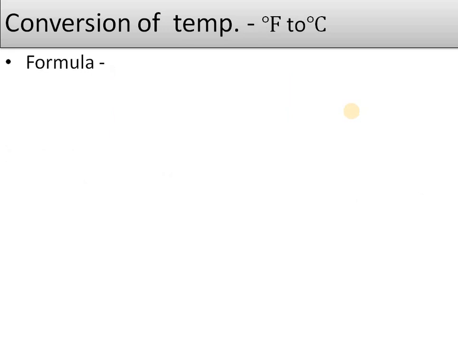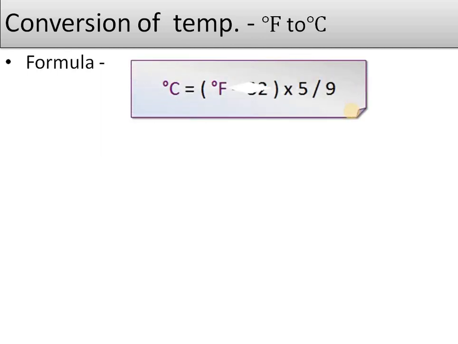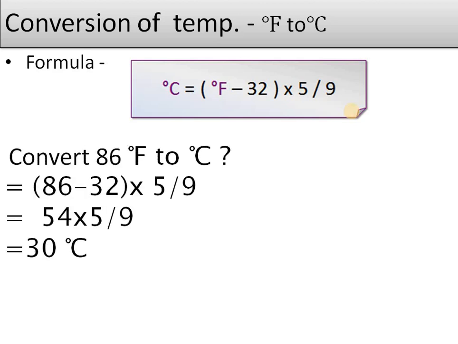Next, we are going to inverse it. Now we are going to convert degree Fahrenheit to degree Celsius. The formula is different now. The formula is degree Celsius equals, in brackets, degree Fahrenheit minus 32, bracket close, into 5 by 9. Now let's solve an example. We have to convert 86 degrees Fahrenheit to degree Celsius.